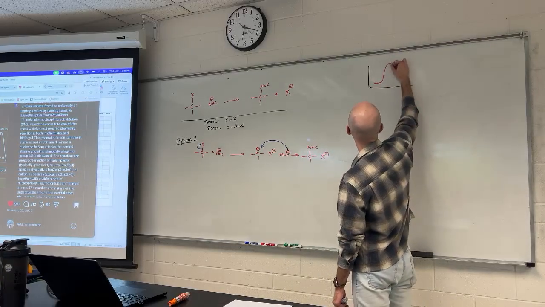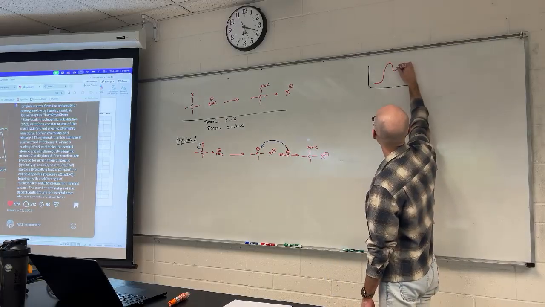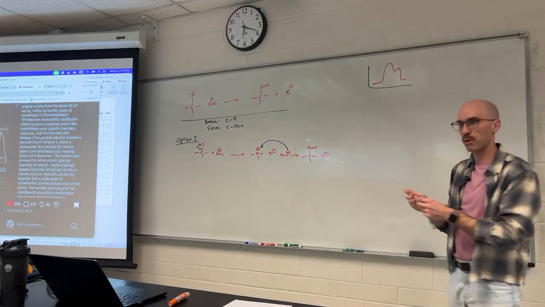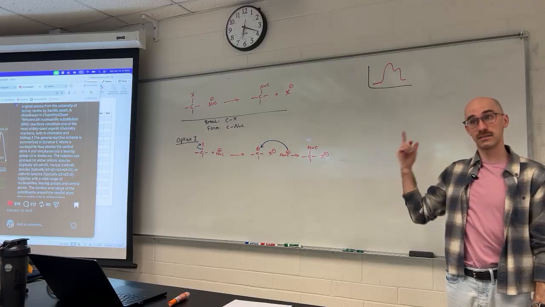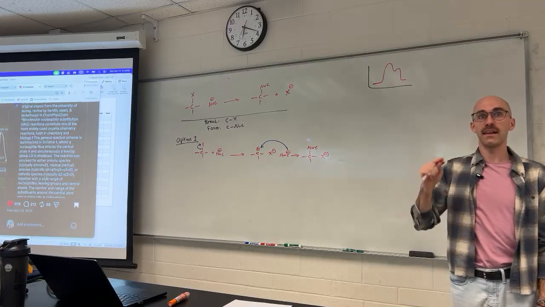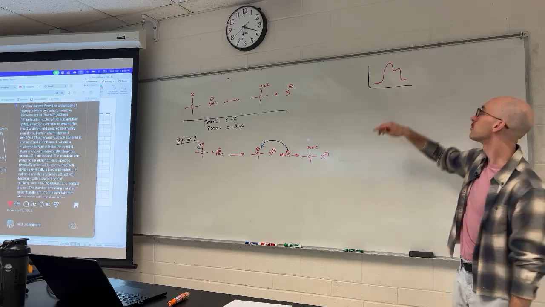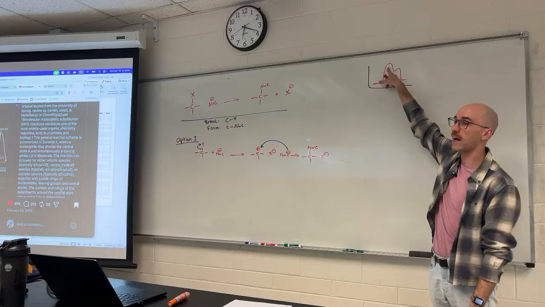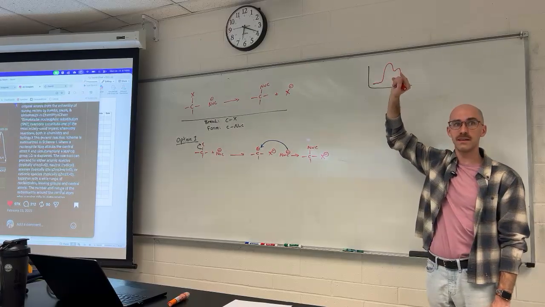I need to form this reactive intermediate, and then I form my products. It is not easy to form that reactive intermediate. It's much easier to react with it. So we have these two steps, two transition states, one intermediate.